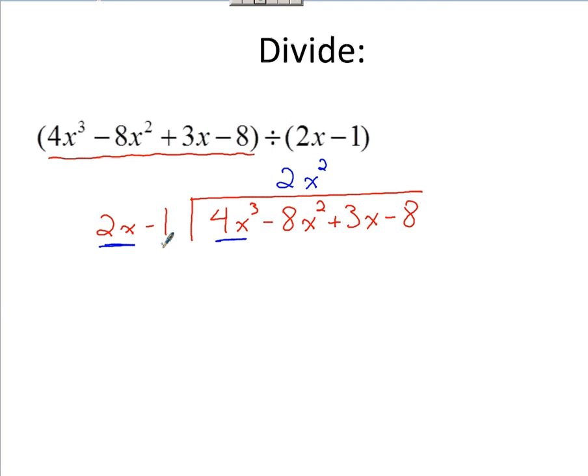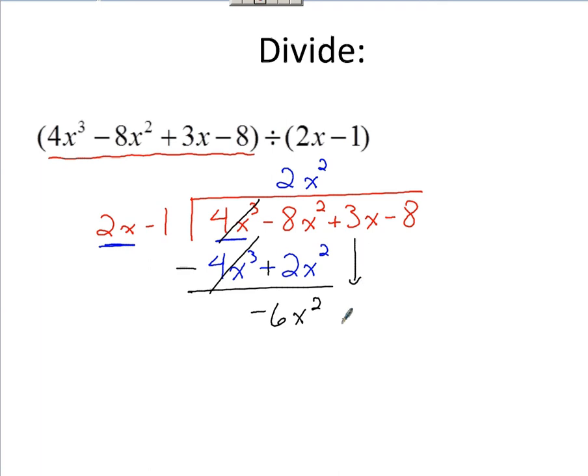So distribute that out. 2x squared times 2x we know is 4x cubed, minus, since we're multiplying by 1, 2x squared. We subtract this, changing our signs. 4x cubes go bye-bye. We've got negative 8 plus 2, negative 6, x squared. Bring down the next term.